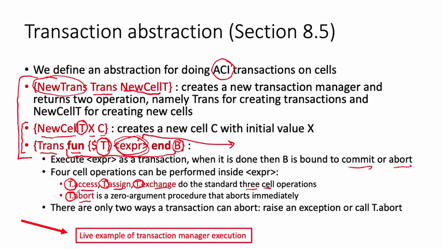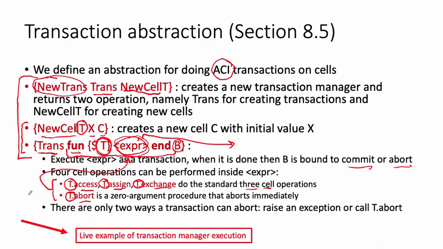We can force the transaction to abort. So inside the expression, we can run T.access, T.assign, T.exchange, and T.abort. You see, it's kind of complicated, huh? Of course, we can give syntax to this to make it look very, very nice. But you see that the abstraction here, we're using this higher order, but have this extra argument T because we need to use these special cell operations. Okay?